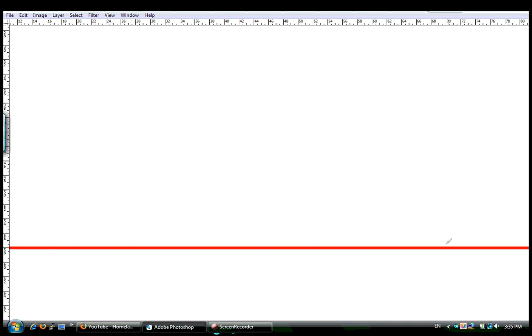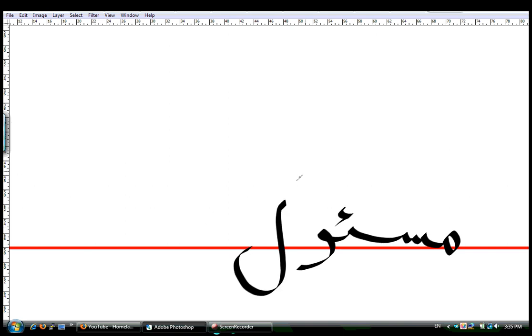Also, let's say this one. This word can be written in two ways with the same pronunciation, because of the Hamza rules of dictation. It's a bit complicated. Some people will write it like this, okay, or like this.